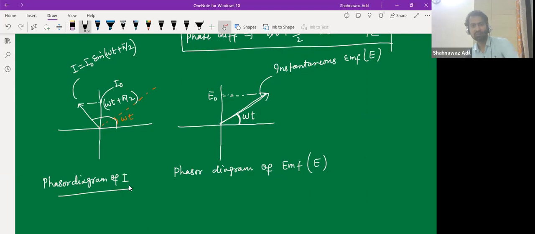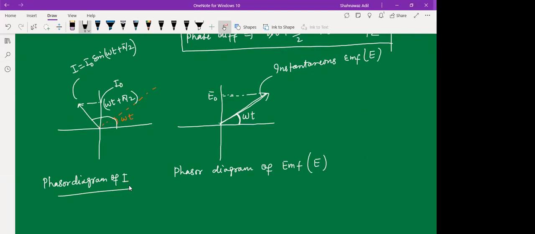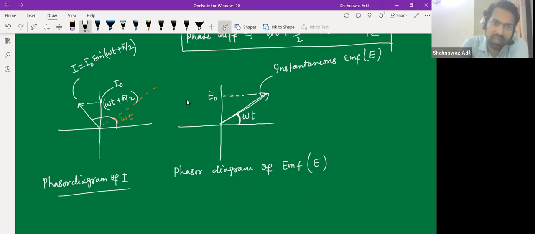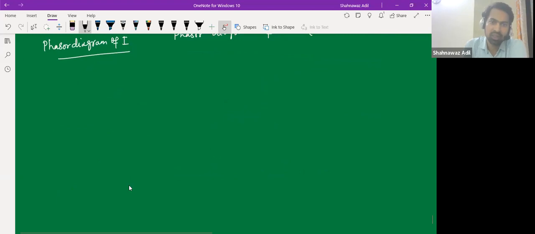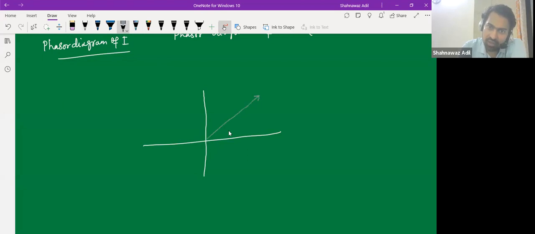Any doubt in this part, guys? Okay. So now we can combine these two graphs and write them together. This is the beauty of the phasor diagram. So we have this voltage, right?